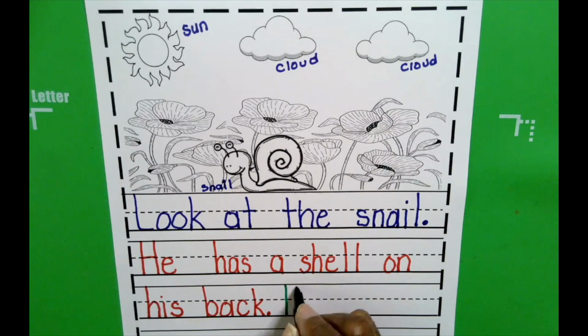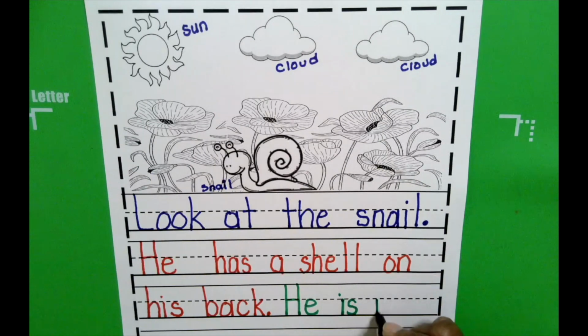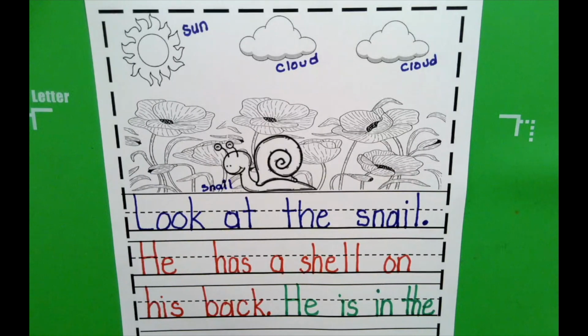He is in the garden. Again, I'm going to the next line because I have to continue the sentence on the next line because I don't have room here.